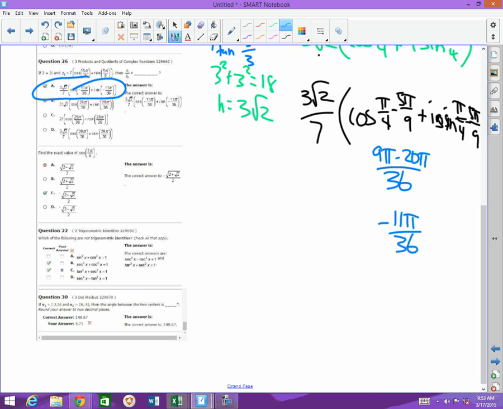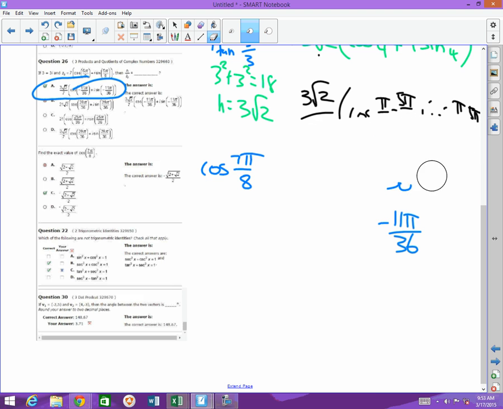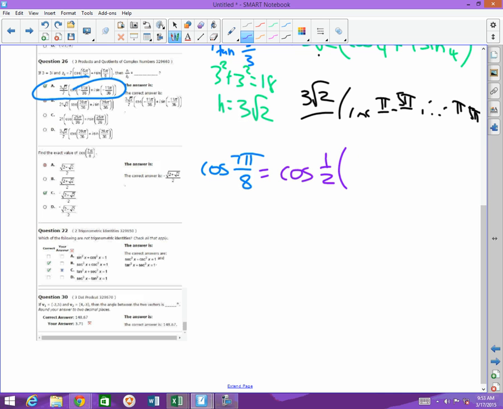All right, so then it says find the exact value of cosine of 7 pi over 8. And here's where you have to use a half angle formula, because this is the same as the cosine of 1/2 of 7 pi over 4.